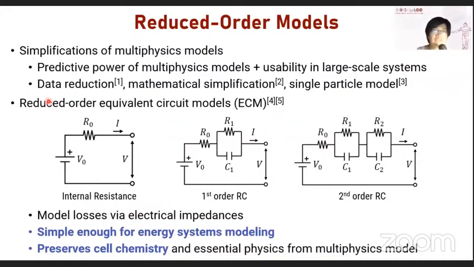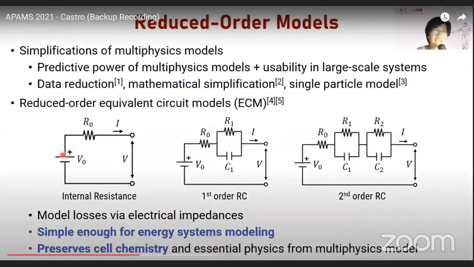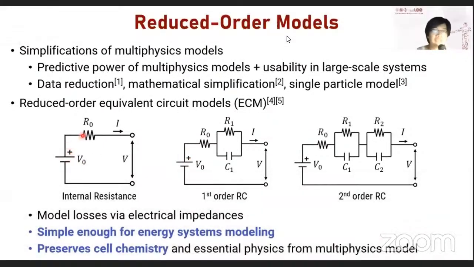There are many ways to do this. However, we'll be using the reduced order equivalent circuit models. In an equivalent circuit model or ECM, we model the battery as a voltage element, whereas energy losses are captured by impedances such as resistors and capacitors. These are simple enough to be used in energy modeling, and they also preserve the cell chemistry because they come from multi-physics models.